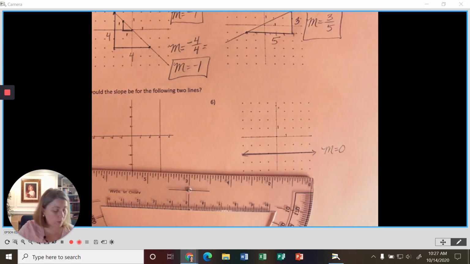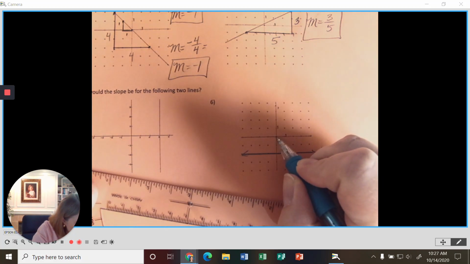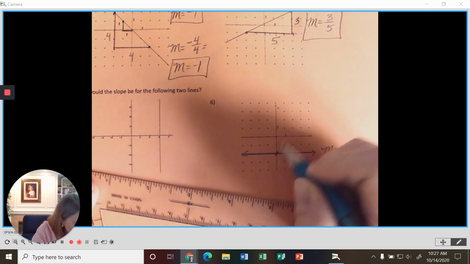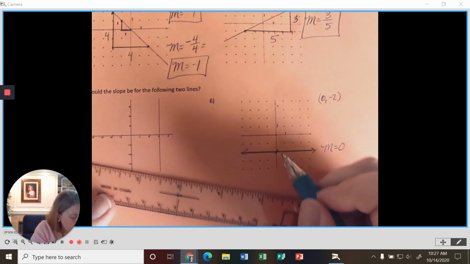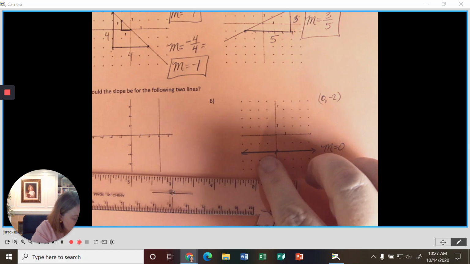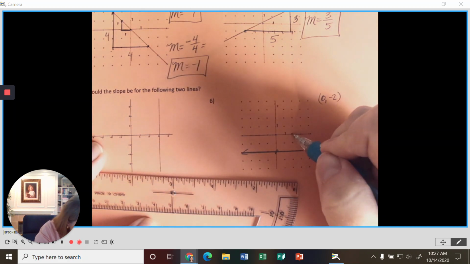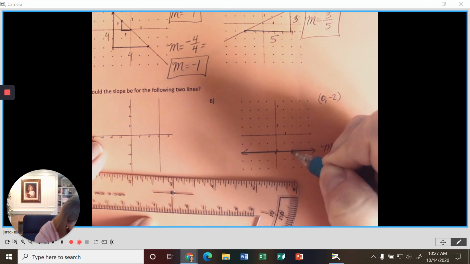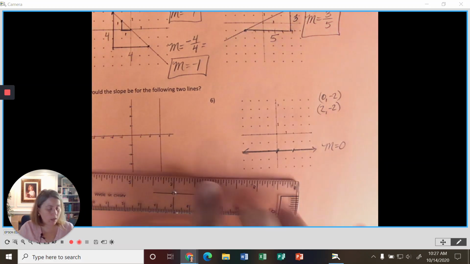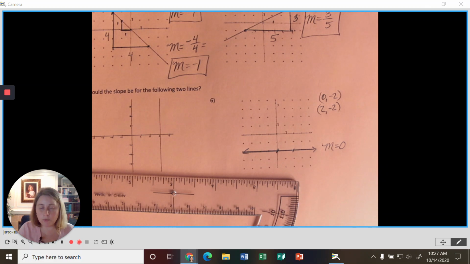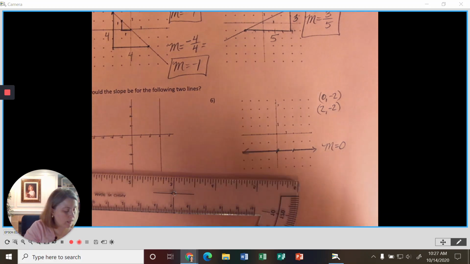Let's choose any 2 points on the line. I'm going to choose 0, -2. And I'll choose any other point on the line. I'm just going to keep my numbers easy: 2, -2. Algebraically you can choose any other points on the line and it'll still work out correctly.